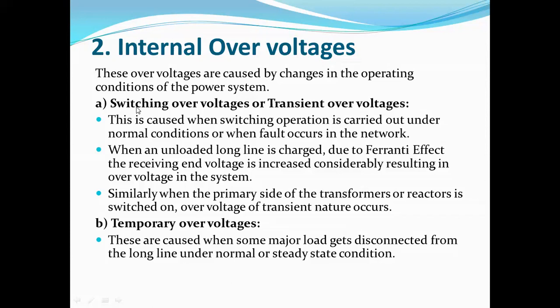Then second is the temporary over voltages, and these temporary over voltages are caused when some major loads get disconnected. If we are giving some particular supply to that load, and that load gets suddenly disconnected, then the voltage at the source side is continued, and only the load gets disconnected, so the voltage on that line gets increased there.